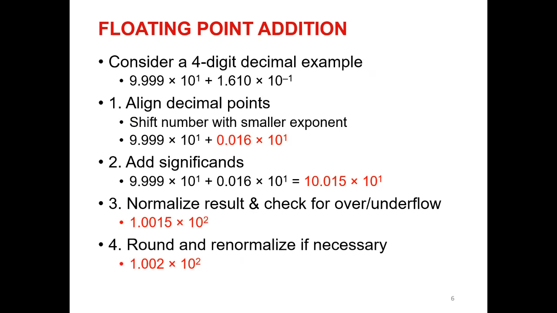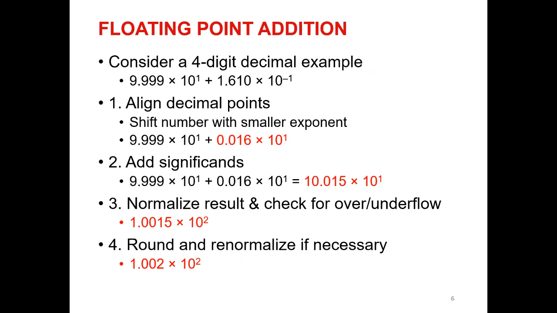Finally, we need to round. Why do we need to round? Because here we have 1, 2, 3, 4, 5 digits, but as we have mentioned, we only have a precision of 4 digits in this example. So we need to round this number. Remember that if the last digit is 5 or greater, we round the previous digit up, and if not, we just remove it.